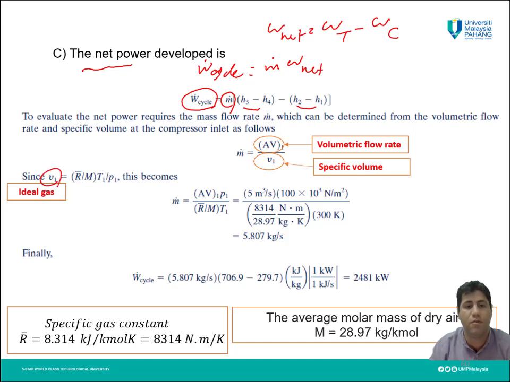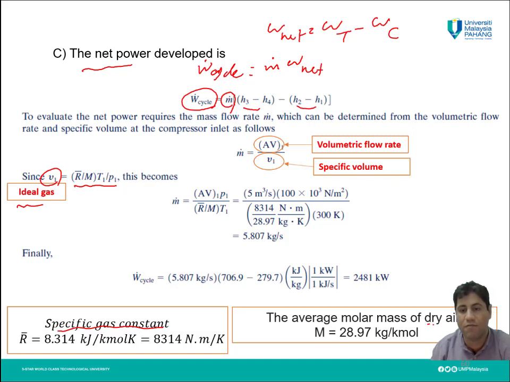V1, the specific volume at state 1, can be calculated by this equation, which is based on the molar form of the ideal gas law from thermodynamics chapter 3. If you remember, V1 is equal to R, the specific gas constant, which is 8.314 kilojoule per kilomole Kelvin, or 8,300 Newton meter per kilomole Kelvin, times the temperature, divided by the molar mass of the substance, which is air here, and pressure.